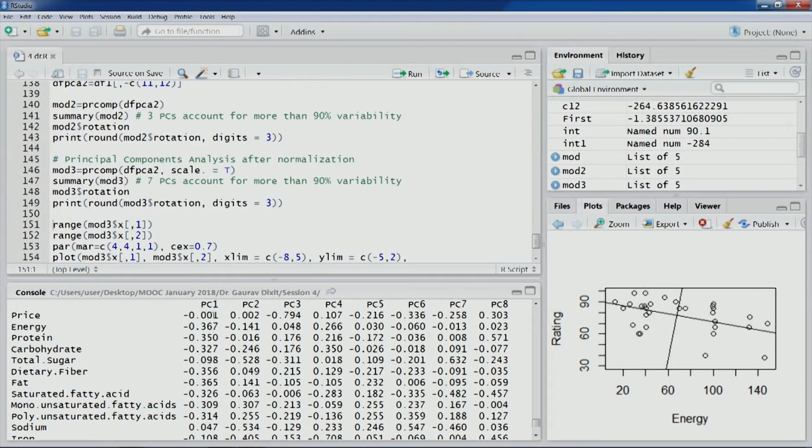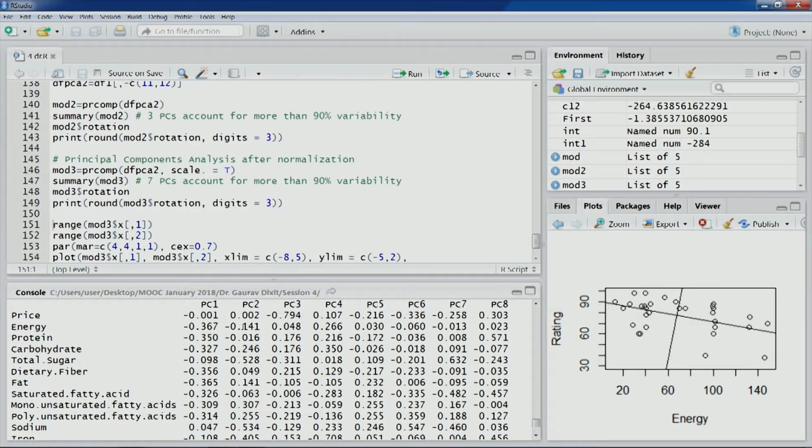In the first principal component, the largest contribution is coming from energy, but that is not the only dominant contribution. You would see similar numbers for protein, carbohydrate, dietary fiber, fat, and the other things also contributing in a similar fashion. So this is how PC1 is being determined.